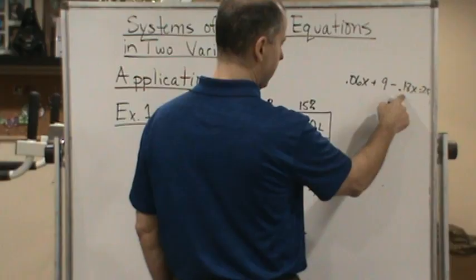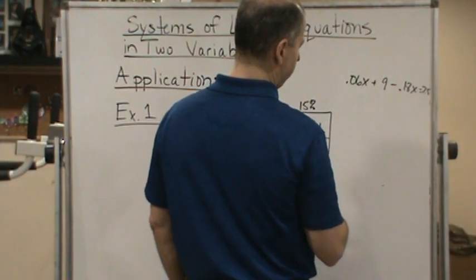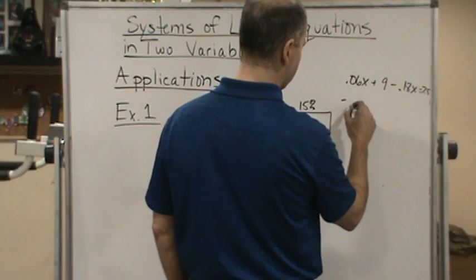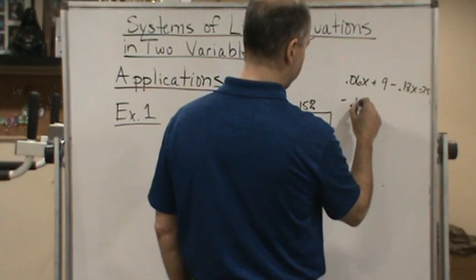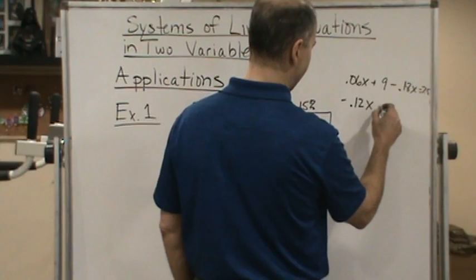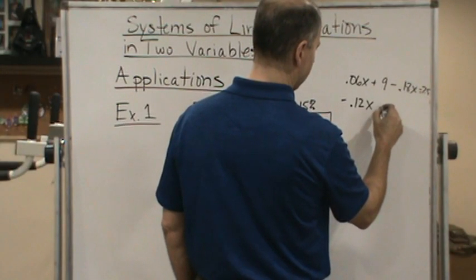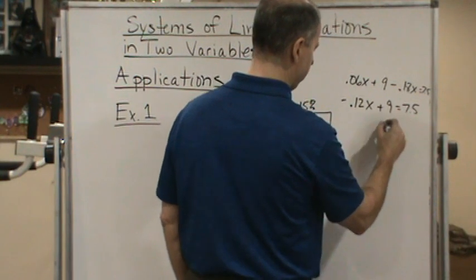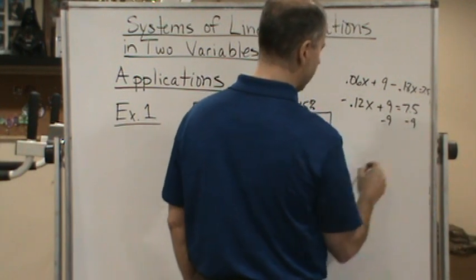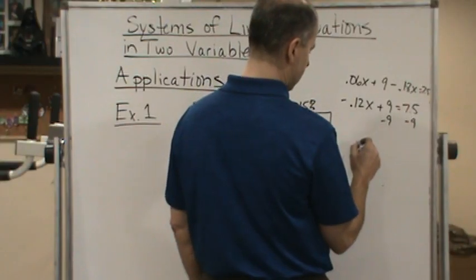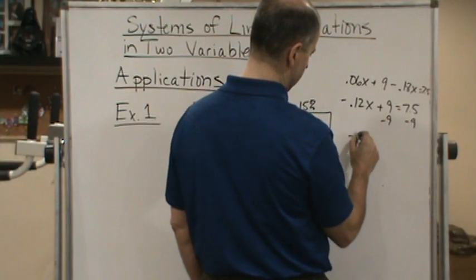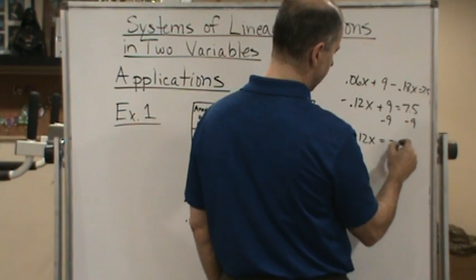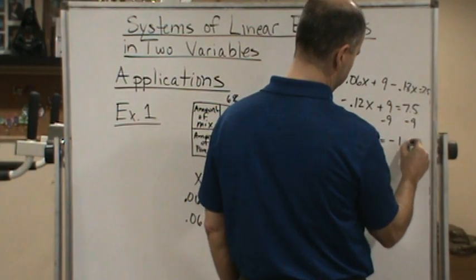And so now I'm going to add like terms. So 0.06 minus 0.18 is going to be negative 0.12x plus 9 equals 7.5. If I subtract 9 from both sides, I get negative 0.12x is going to equal negative 1.5.